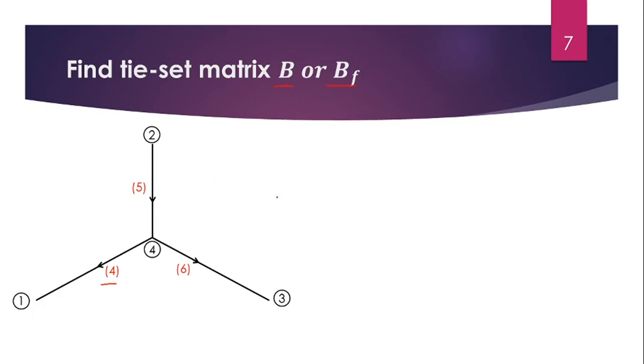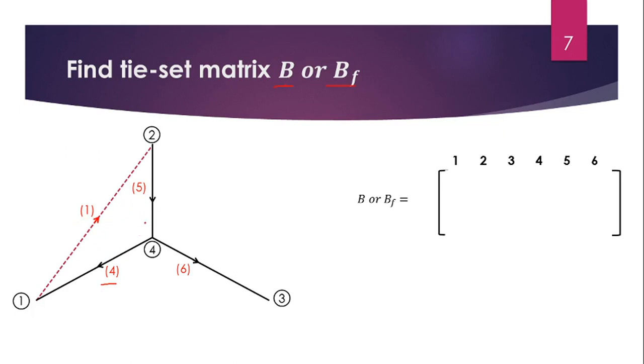So how can we find the tie set? We have to add, or replace, one link at a time. The tie-set matrix is the matrix between the number of branches versus the number of tie sets or number of loops. So how we find the loop is, when we add link 1, it will form a loop.